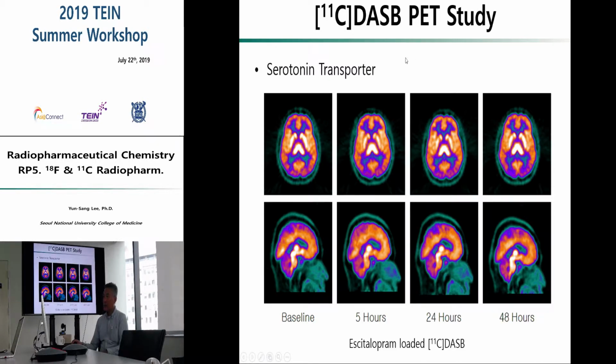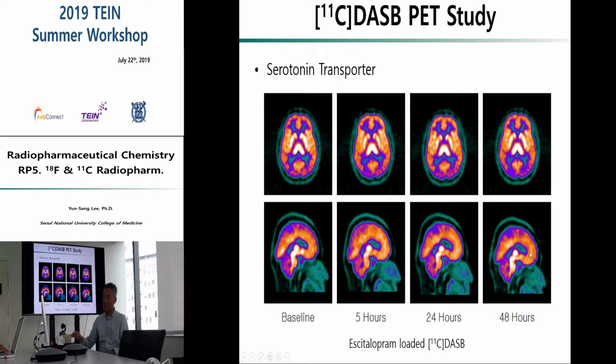DASB is a serotonin transporter imaging agent, but even after 48 hours, we can still see almost the same image quality, because it is almost irreversible. I think all the receptor imaging agents are reversible. After some time, they wash out from the receptor.